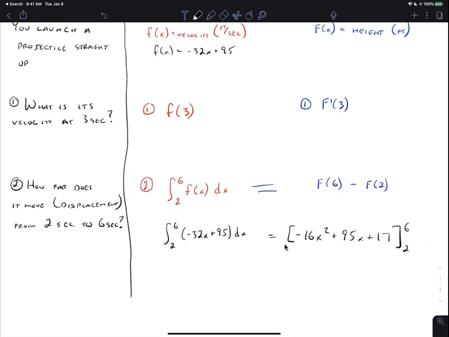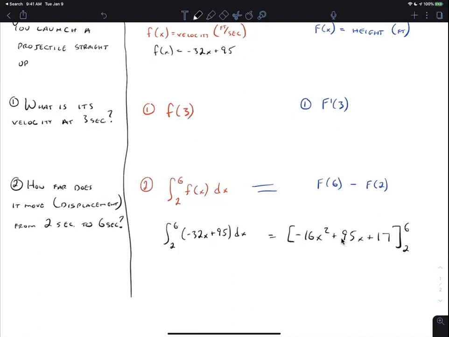So I have two questions about that. One is, okay, good. I want you to have a question, but let me ask mine first. All right. So one question I have about it is, why is this right? I want a function whose derivative ends up being negative 32x plus 95. Does that make sense to everybody?